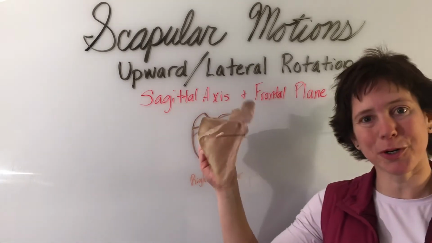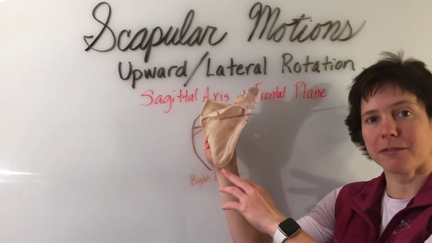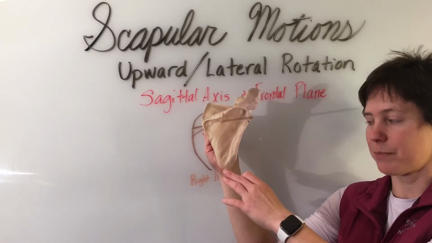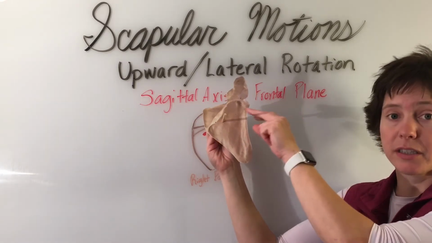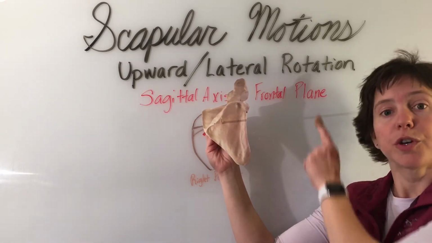So for our upward and lateral rotation, the inferior angle of the scapula will move laterally, and this makes the glenoid cavity move cranially.